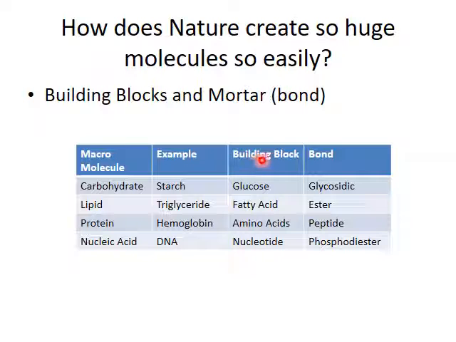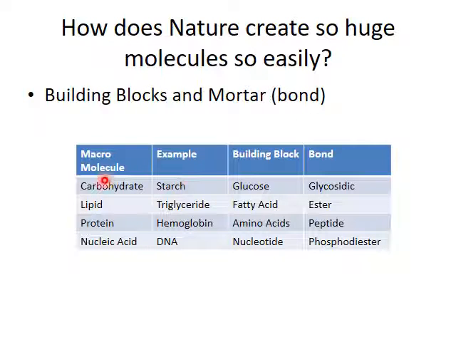Just like, if you build a house, you're not going to pour a giant block of cement and live in it. Now you might, but it's not very efficient. What you're going to do is get building blocks, bricks, steel bars and frames and so forth to build those buildings. And so these giant molecules have building blocks and mortar, the bonds.